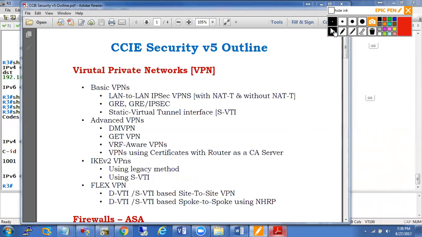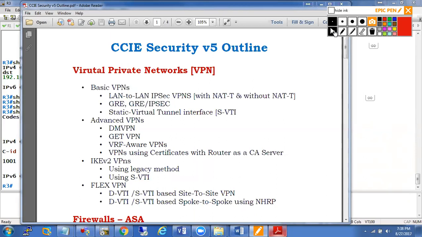But other than that, it's pretty much the stuff in terms of configuration and the stuff in terms of security that is added up. Okay, so we'll take a look at what IKEv2 does, how is it better than IKEv1, and then we'll take a look at the implementation using the legacy crypto map method as well as the SVTI. And that's what the plan is for today.